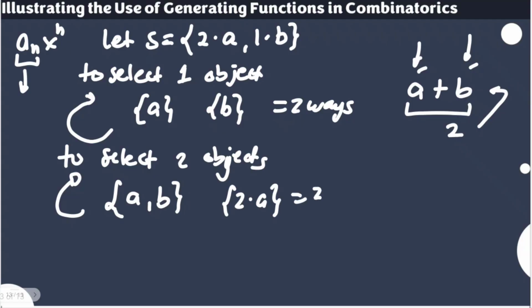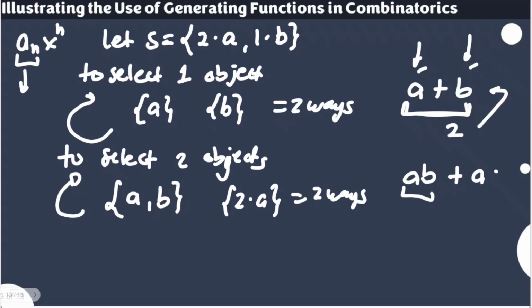There are also 2 ways for me to select 2 objects in this given multi-set, because again, the 2 A's are duplicates. We cannot say A sub 1 and then B and then A sub 2, because they are actually identical A's. Generally, for our notation, similar to the previous one, if I'm going to select A and B, that's 2 objects.